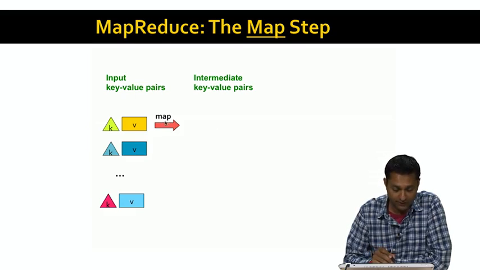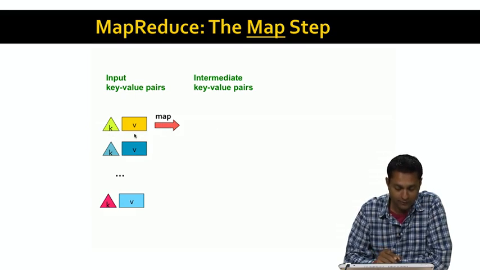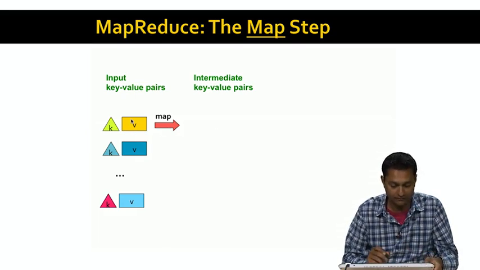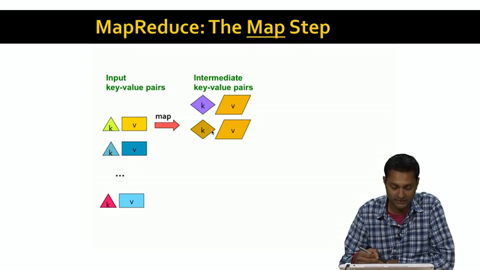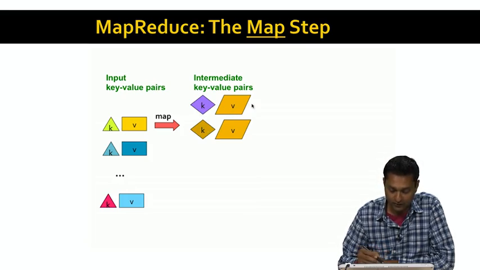So for example, you run the map on the first key value pair here, K, V, and it actually outputs two intermediate key value pairs. And the intermediate key value pairs did not have the same key as the input key value pair. They could be different keys, and there could be multiple of them. The values, although they look the same here, they both say V, the values could be different as well.